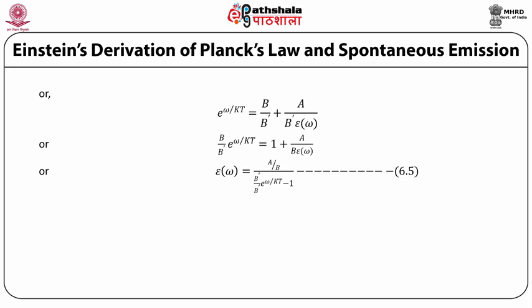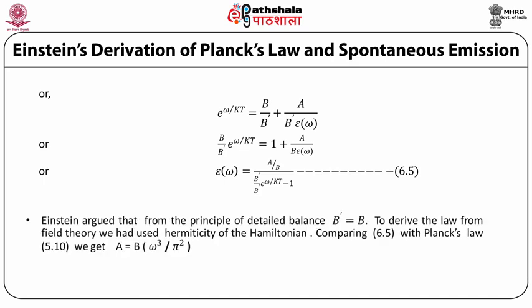Or epsilon omega is equal to A by B divided by B prime by B into exponential omega by kT minus 1. Einstein argued that from the principle of detailed balance, B prime is equal to B. To derive the law from field theory, we had used hermiticity of the Hamiltonian.